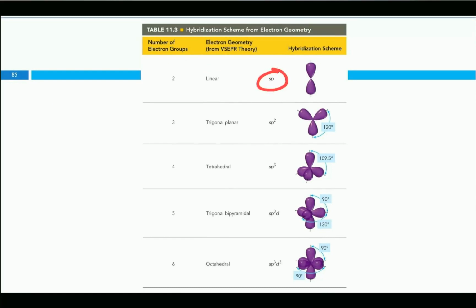Take 2 orbitals, you hybridize them. 3 electron groups, sp2. Take 3 orbitals, s and then 2 p's, hybridize them. 4 is sp3, 5 is sp3d. In terms of the practical, put something down on the page for how many electron groups there are on the final. That's all you need to know about that.